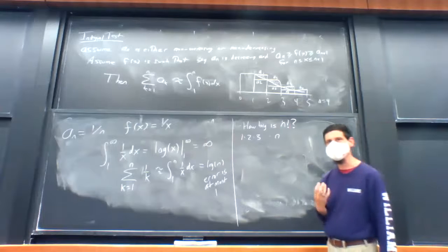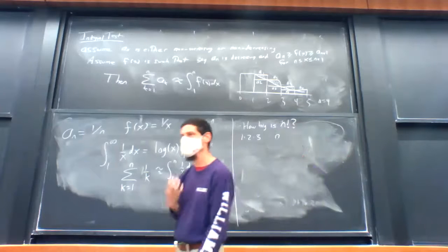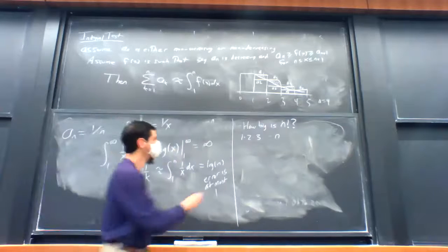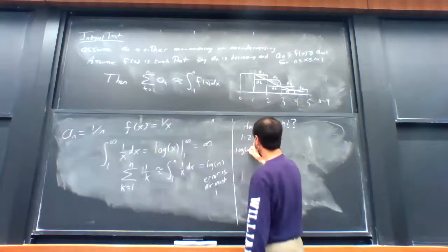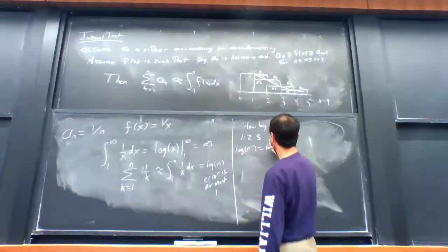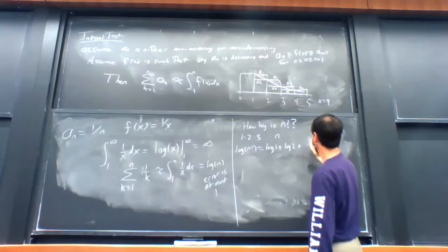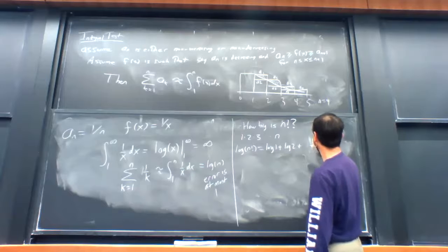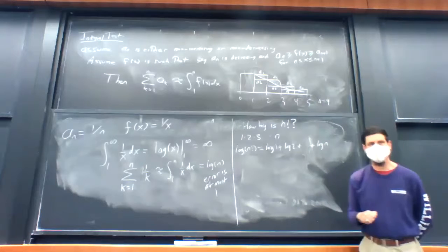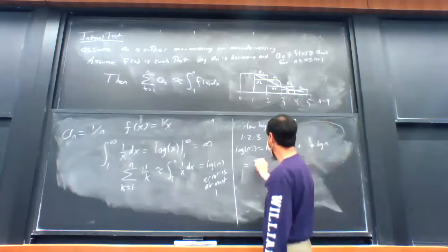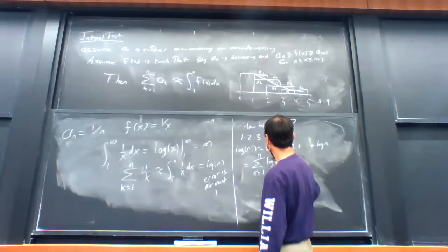It should be a Pavlovian response anytime you have a product. What is your go-to? Take a log. The log of n factorial is the log of 1 plus the log of 2 plus ... plus the log of n. This is the same as the sum, k goes from 1 to n, of the log of k.